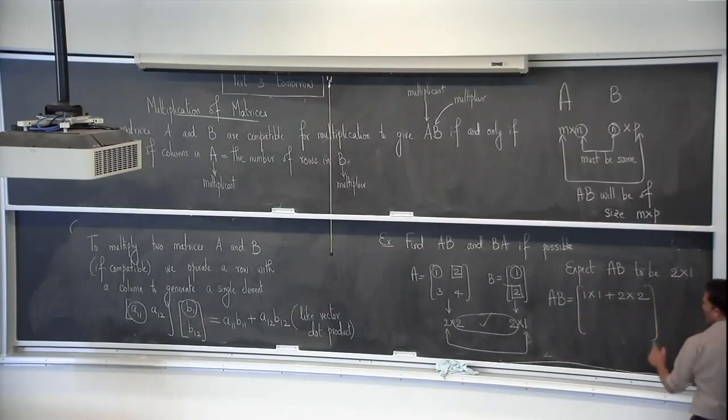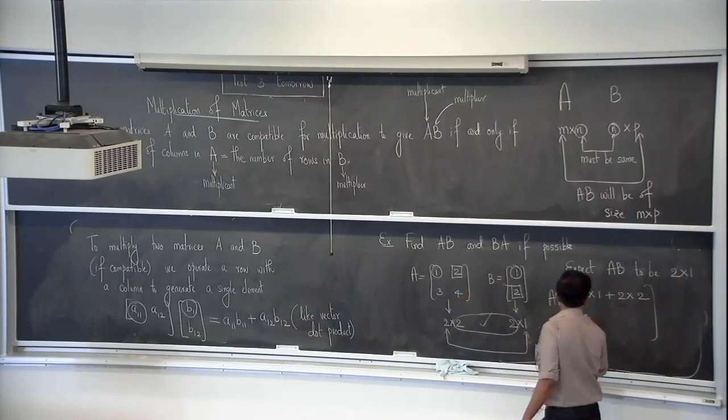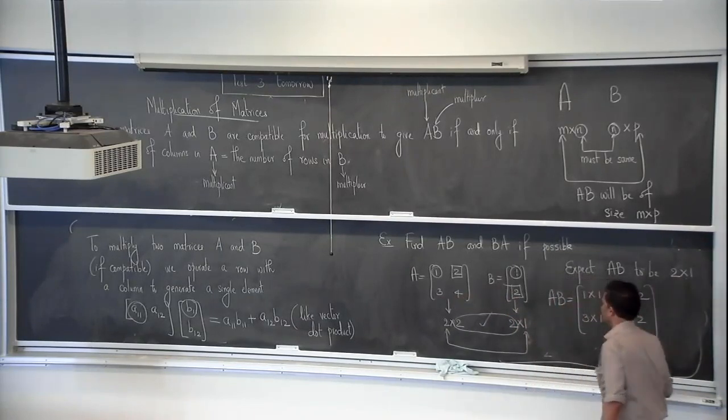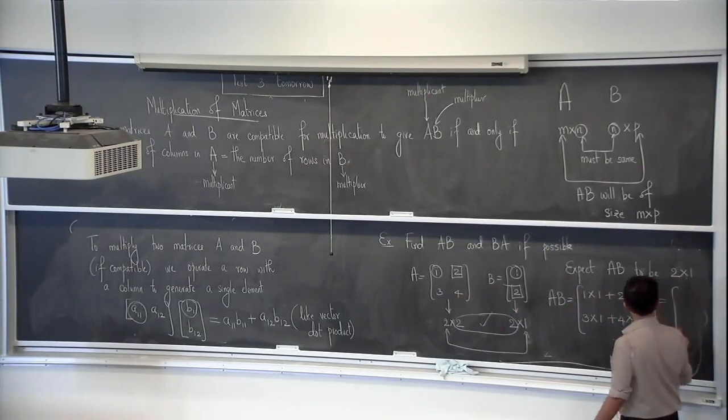The first row is here. And the second one would be 3 times 1 plus 4 times 2. So each row versus column generates one number. Don't forget your order of operations. This is 1 plus 4, 5, and this is 3 plus 8, 11.